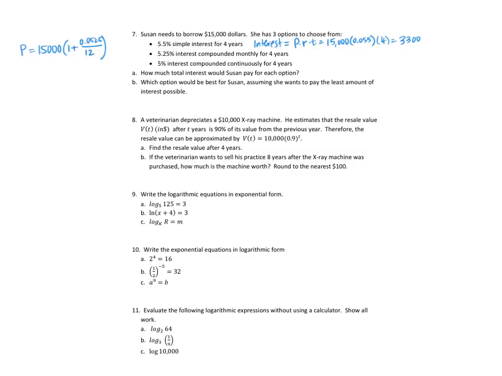So how many months is it going to be? So it's to the 4 years times 12 months. Okay, so if we do all of that, that gives me a total of 18496.70. And so that's the principal and the interest.